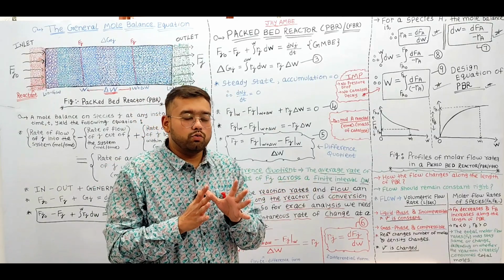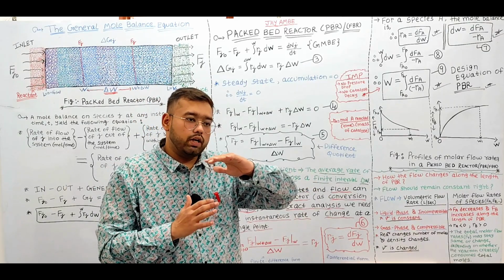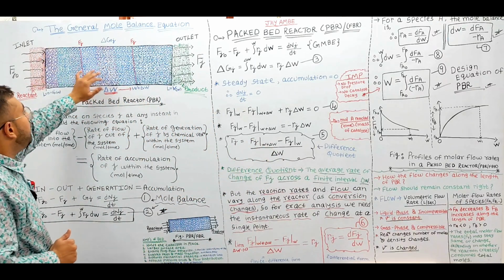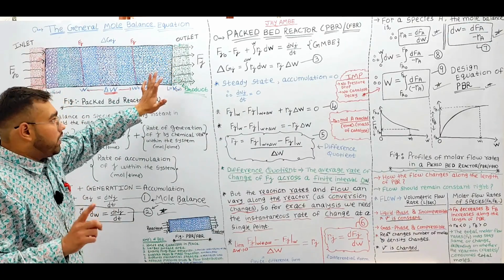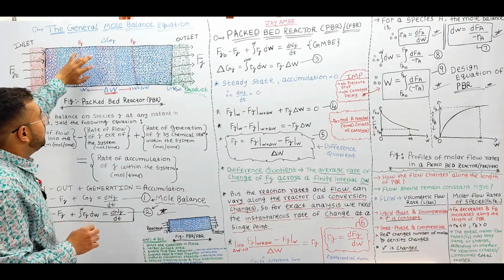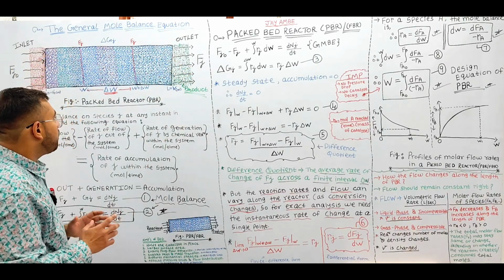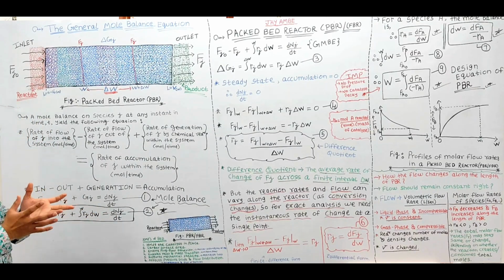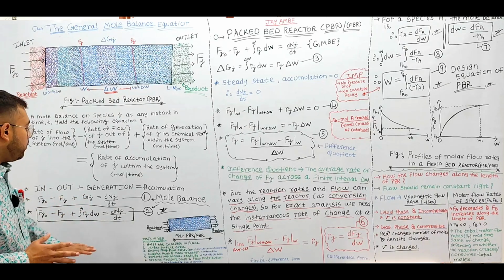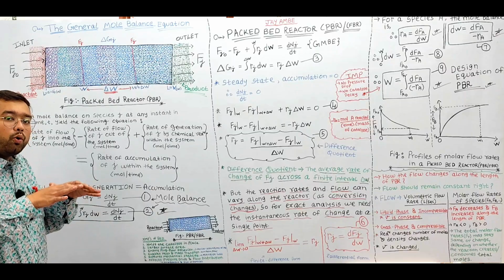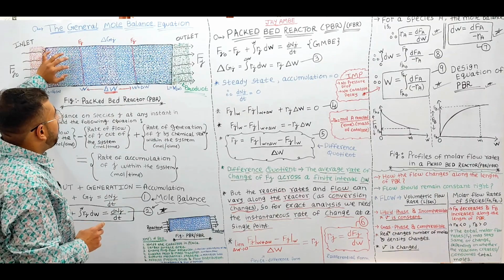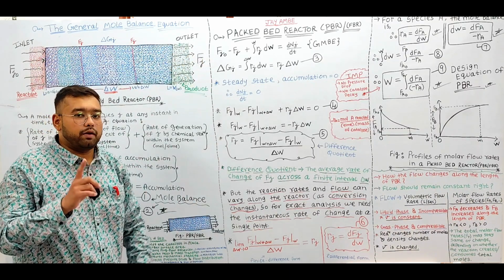To achieve the stationary state, we need to ensure completely filling the entire hollow space of the packed bed reactor with solid catalyst, so that when the reactants flow through the stationary solid catalyst, the catalyst does not get disturbed and does not move here and there. The solid catalysts stay in a stationary phase while the reactant molecules flow through the entire packed bed reactor.